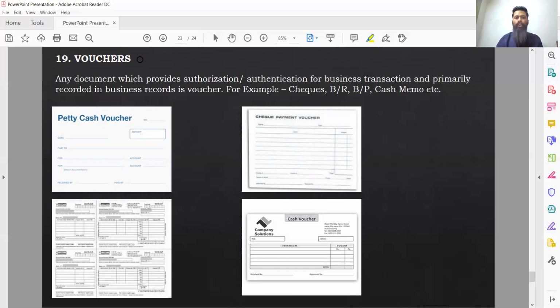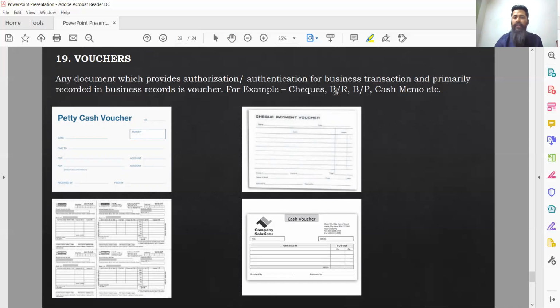Vouchers are basically those pieces of paper with which we can prove that a transaction had happened. So any document which can work as a proof of any transaction is termed a voucher. Any document which provides authorization and authentication for a business transaction is primarily recorded in business records as a voucher.